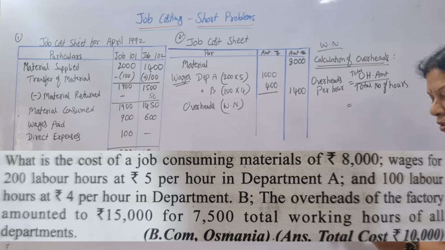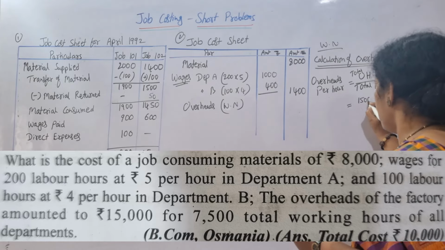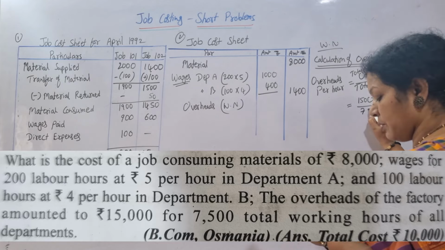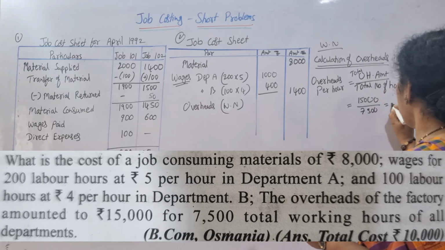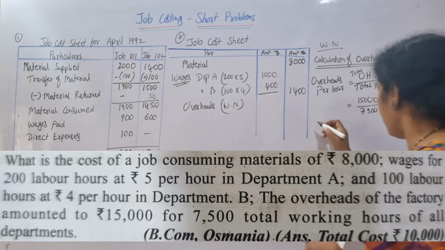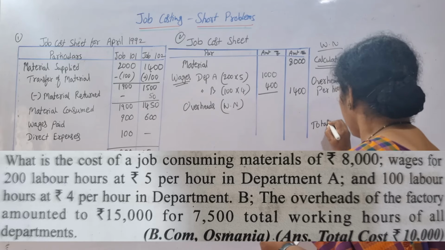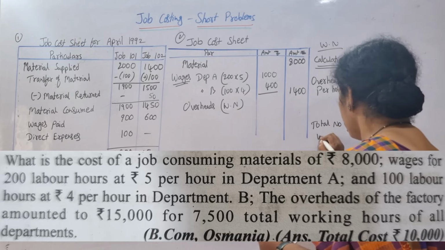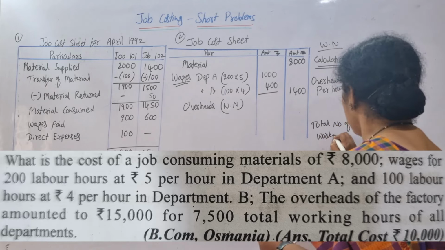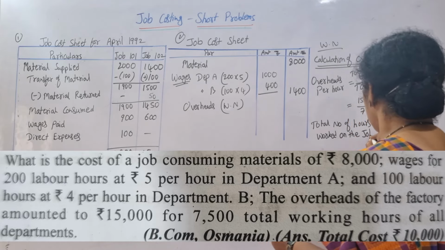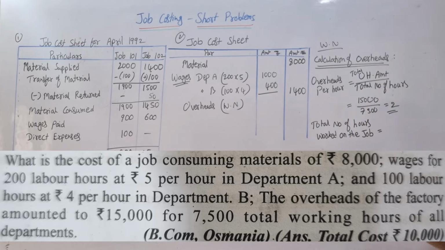Total amount is how much? It is 15,000 divided by total number of hours of 7,500. So we are getting total overheads per hour as 2 rupees. Now the total number of hours worked on the job: 200 hours plus 100 hours together.